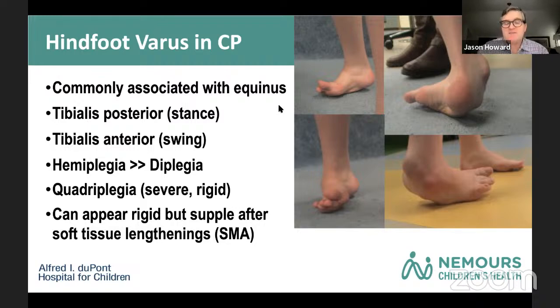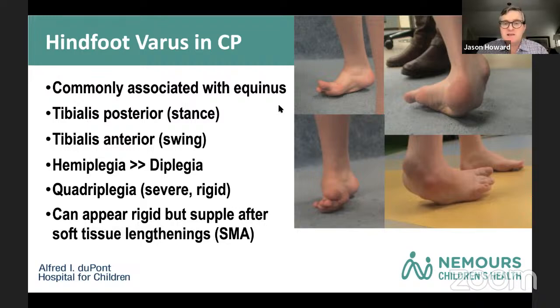Recognizing she had 5 out of 5 strength in her tibialis posterior, I thought, this is a person who doesn't want to wear a foot drop brace for the rest of her life. So if I can augment her dorsiflexion with a complete tib post transfer, and I've got a strong enough tib post to do that, then I will offer that.